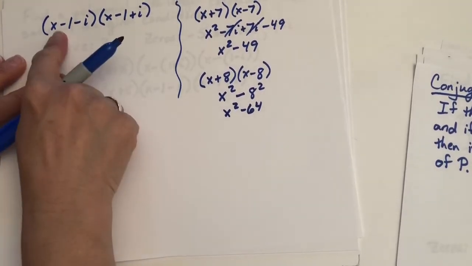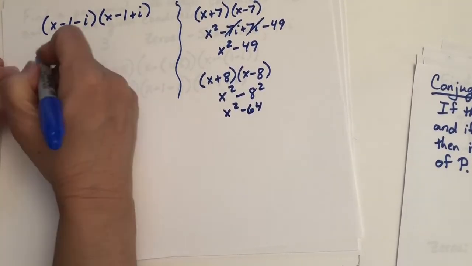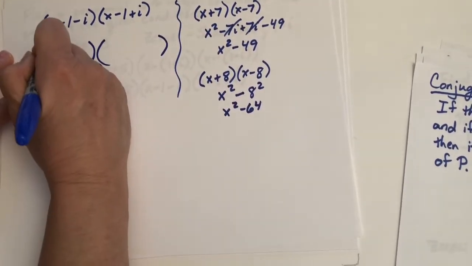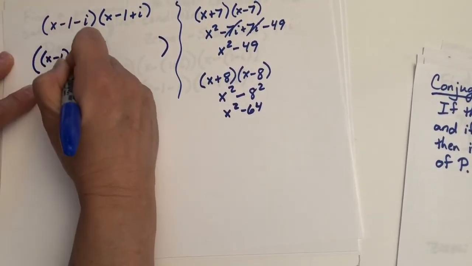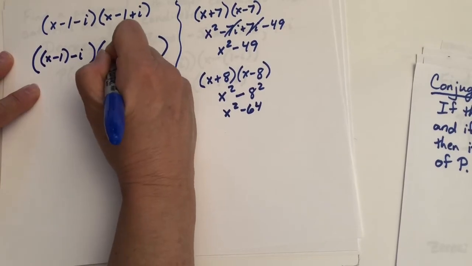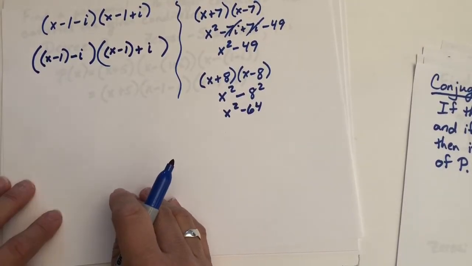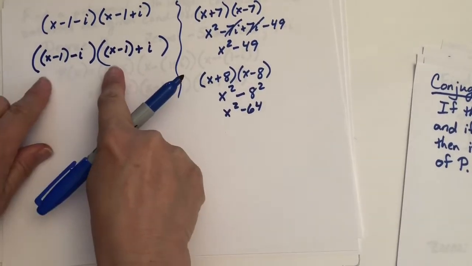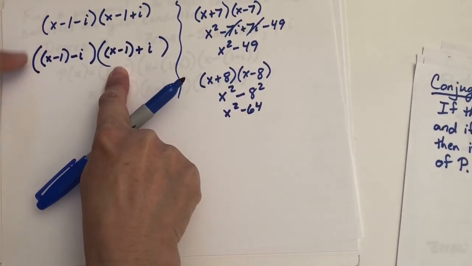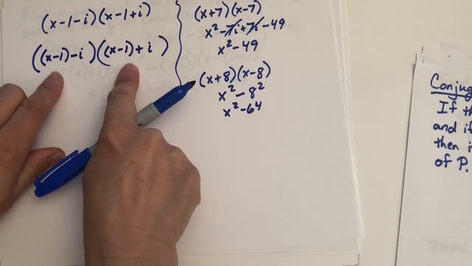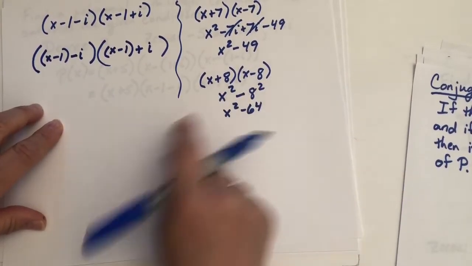If I consider x minus 1 as a group, let me write it with parentheses. So I have x minus 1 minus i times x minus 1 plus i. Now notice putting in those parentheses didn't change the value of that expression, but now it looks like conjugates in the same way these were conjugates.